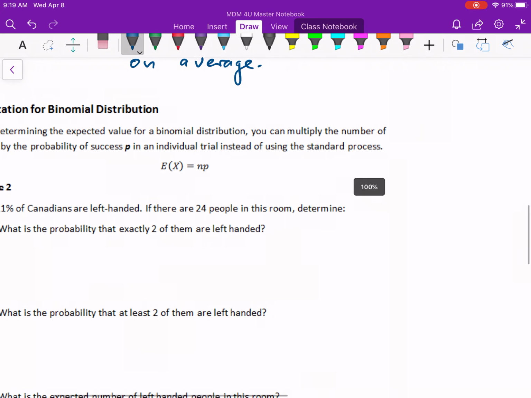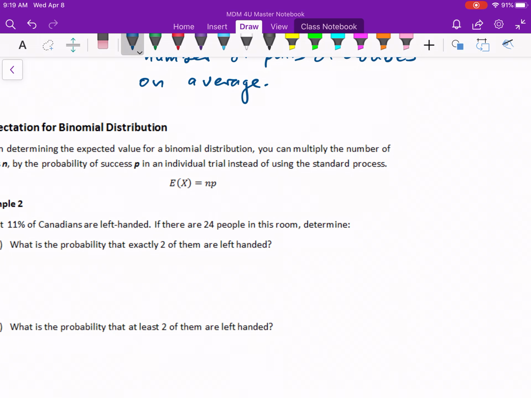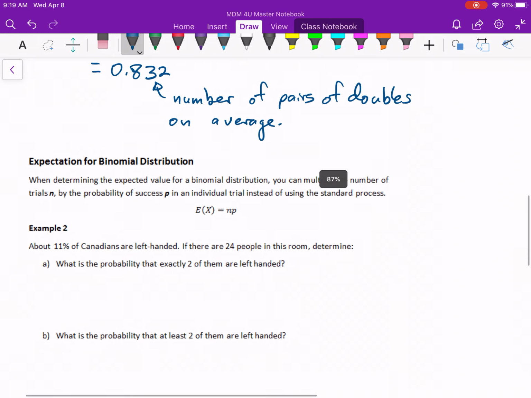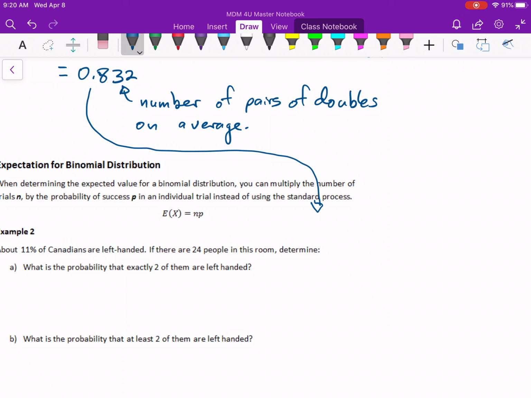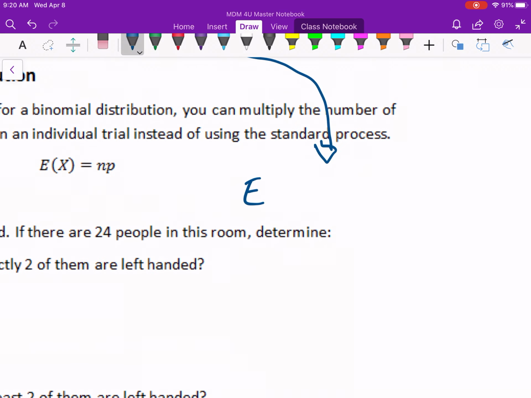So let's just confirm that for the one we just did. Remember, for the previous example, n was 5 and p was 1/6. So the expected value would be 5 times 1/6, and that works out to 0.833.